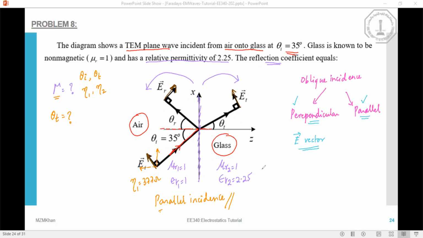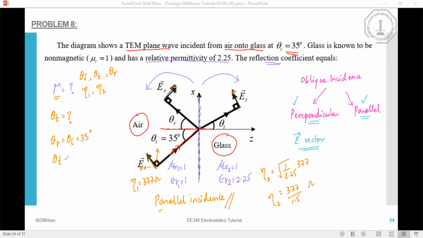Eta 2 is 377 over the root of 2.25, which is 377 over 1.5 ohms. Then theta I is given to us as 35 degrees, and theta R we can find from Snell's law. Theta R is nothing but theta I, which is 35 degrees.